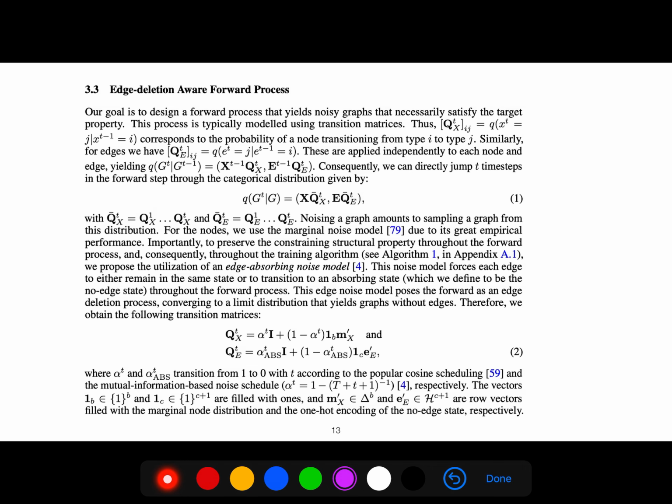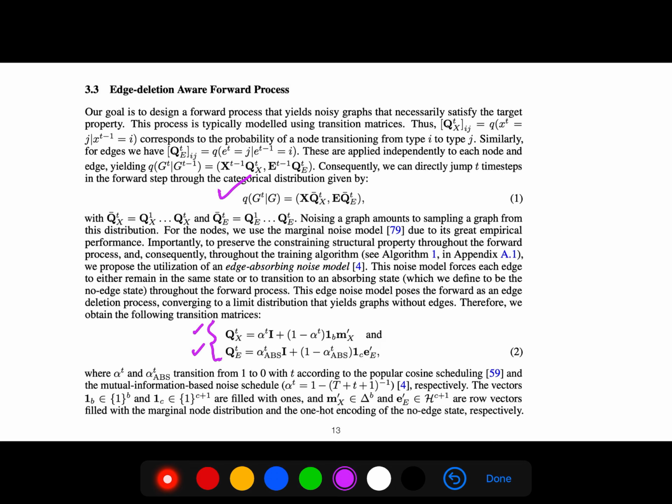So the edge-deletion-aware forward process looks like this. Look at the transition matrices for both the nodes and for edges. M' and E' are row vectors filled with the marginal node distribution and the one-hot encoding of the no-edge state. So this is an edge-absorbing noise model.